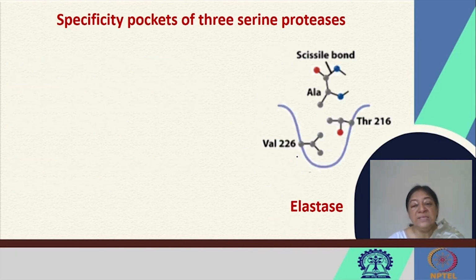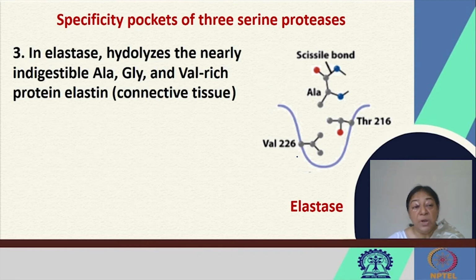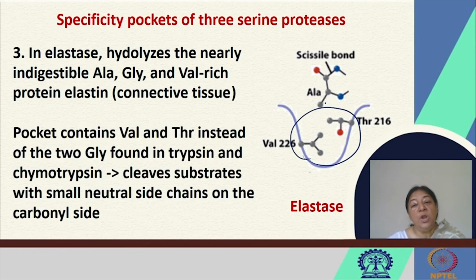In the elastase, there are small hydrophobic molecules that align the active site as well, that help in the recognition or the binding of the small amino acid residues which are going to be cleaved.